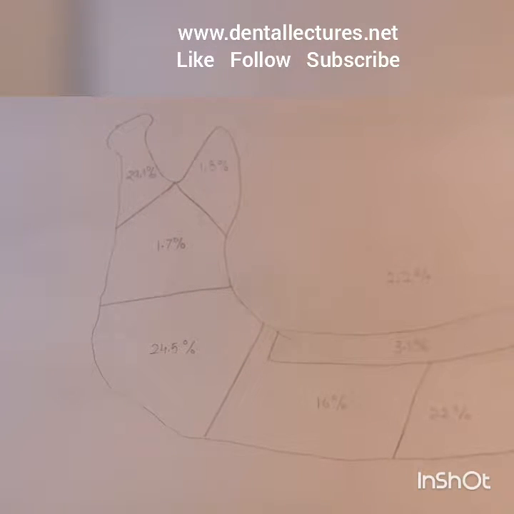Ramus of the mandible, 1.7% of the cases. The coronoid process, 1.3% of the cases, followed by others, that is 2.2% of the cases.